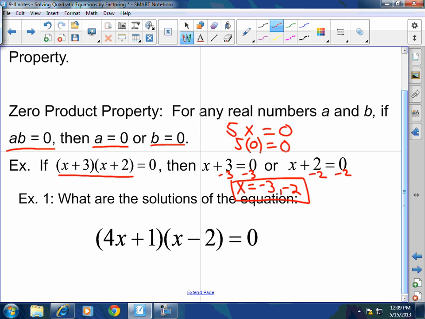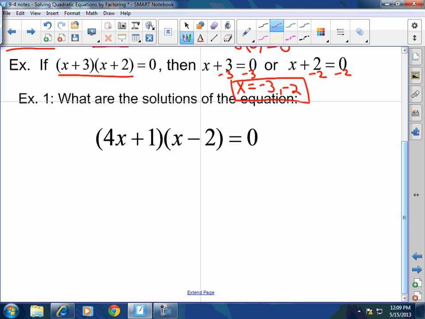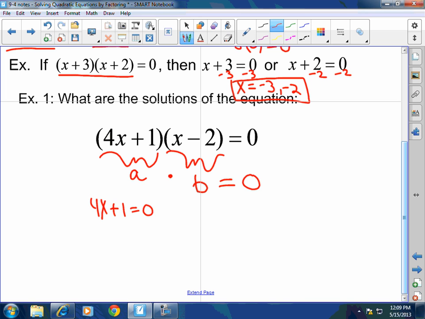I want to know what the solutions of the equation are, and they give us 4x plus 1 times x minus 2. Well, this is your A value. This is your B value. If A times B equals 0, don't I have to set A equal to 0 and B equal to 0?